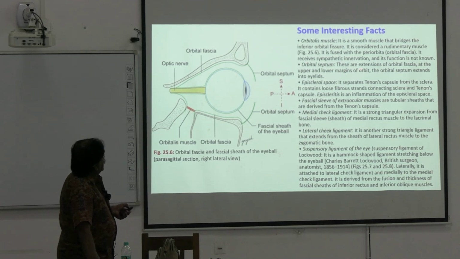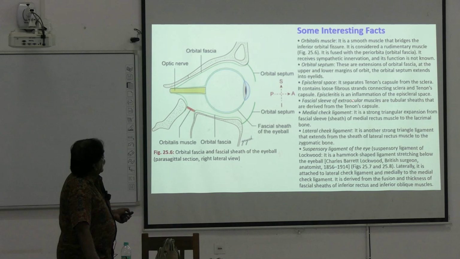Orbital septum: these are extensions of orbital fascia at the upper and lower margins of the orbit. Orbital septum extends into eyelids. Episcleral space separates Tenon's capsule from the sclera, with fibrous strands connecting sclera and Tenon's capsule. Episcleritis is an inflammation of the episcleral space.